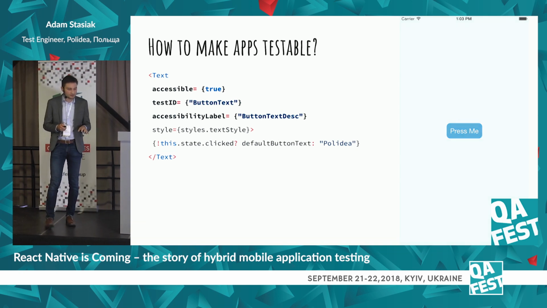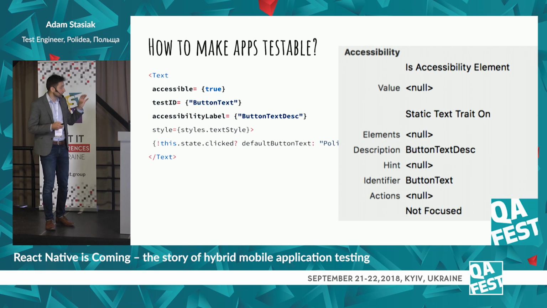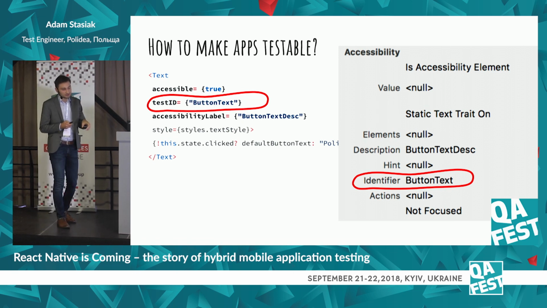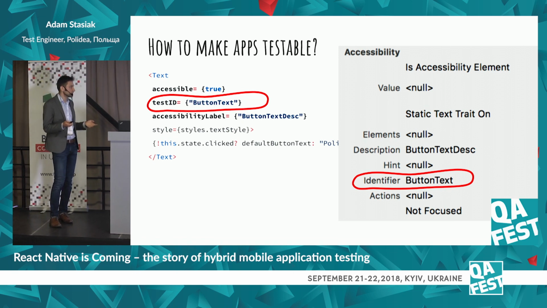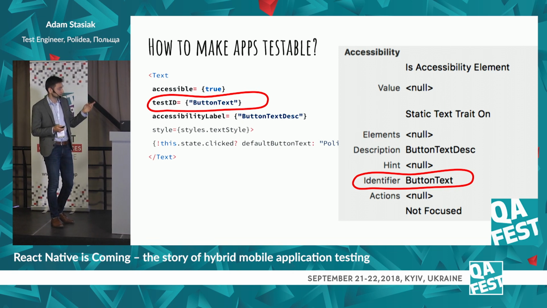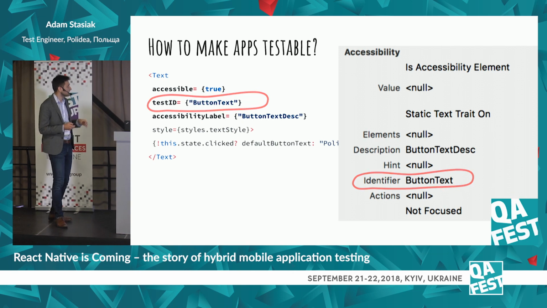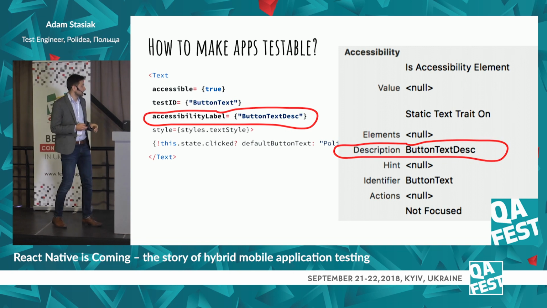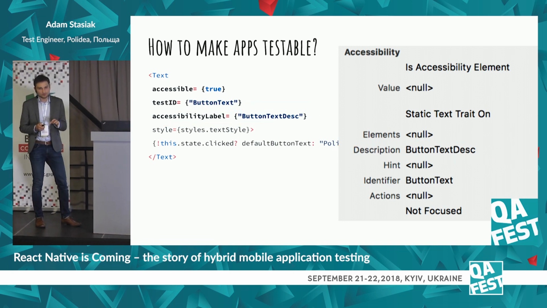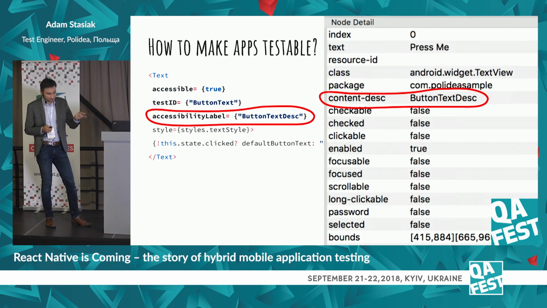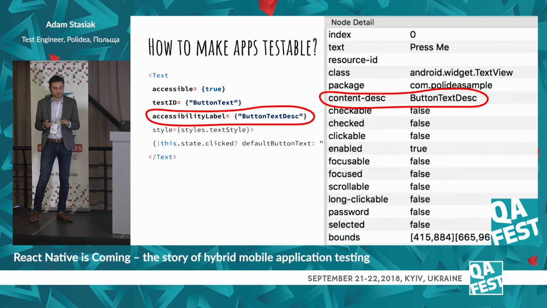You can see now that in the Xcode inspector, testID is found as the accessibility identifier, and it's a commonly used technique in native testing. So this change was applied as a real change in the view. And also accessibilityLabel can be found as a description. Next, we will switch to the Android view hierarchy, where we can see that accessibilityLabel is found as a content description.